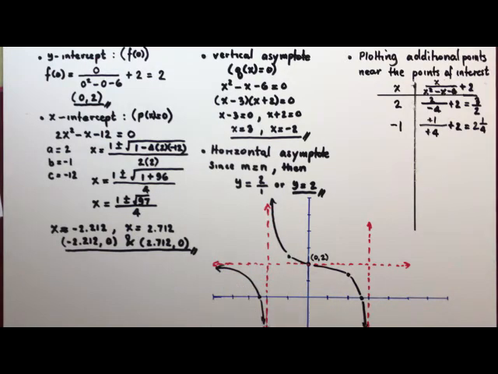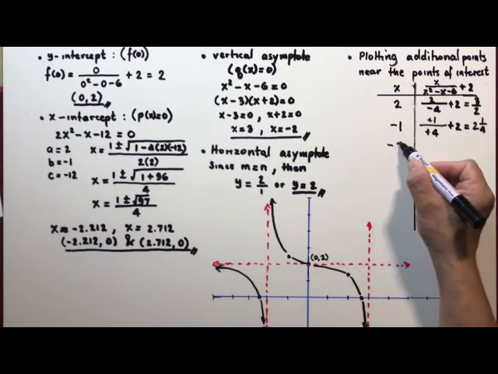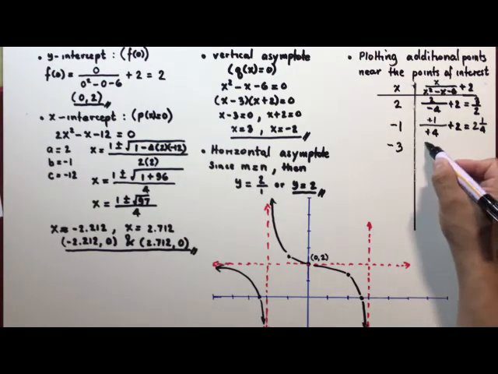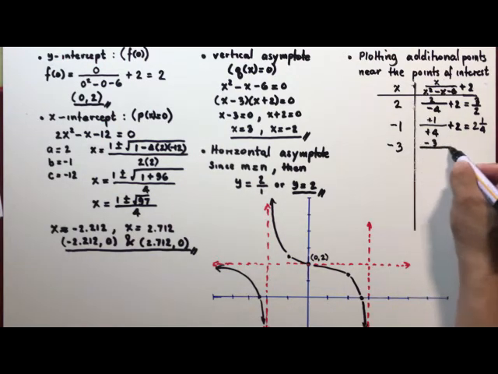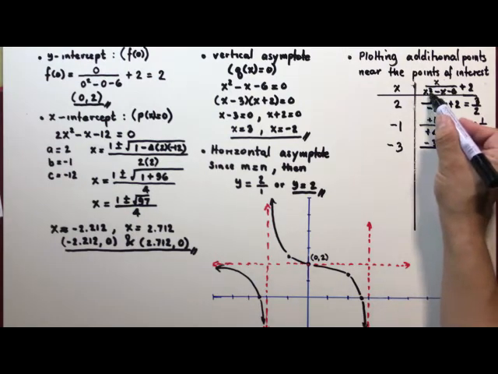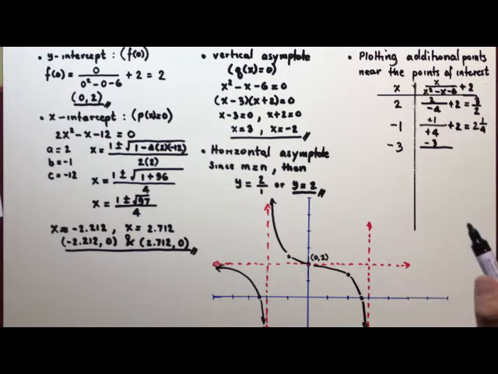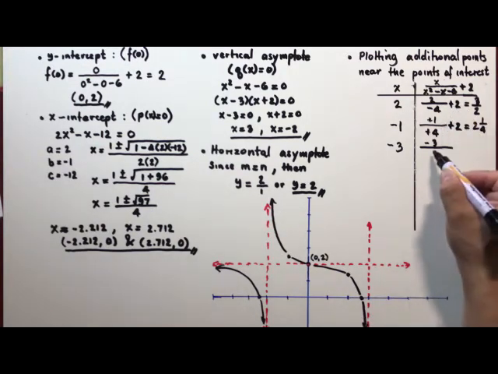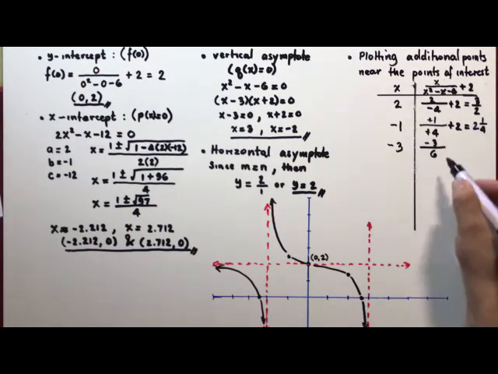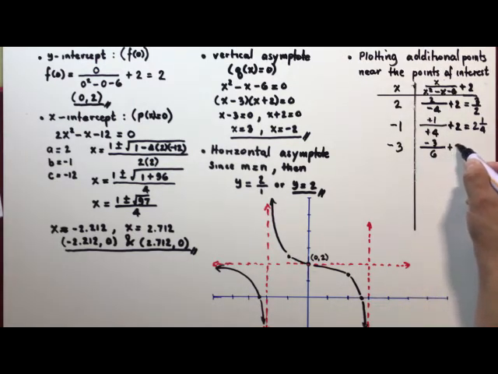Or you can check when x is negative 3. So the numerator is negative 3 over negative 3 squared, which is 9. 9 minus the negative 3, that is plus 3. So 9 plus 3 is 12, and 12 minus 6 is 6. So this is negative 1/2 plus 2.